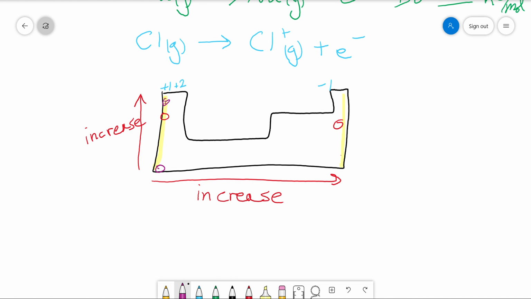Okay, that is the general trend for ionization energy. One more thing while we're on it. Let's talk about what else increases along with ionization energy and helps to explain that trend. What increases from left to right? If you remember back, it is Z effective.